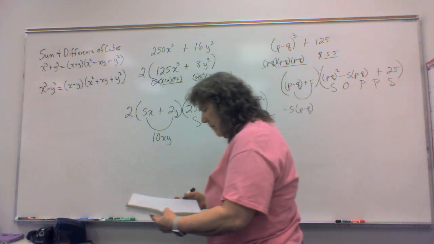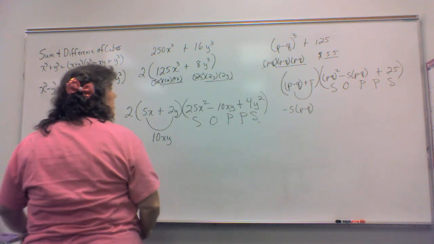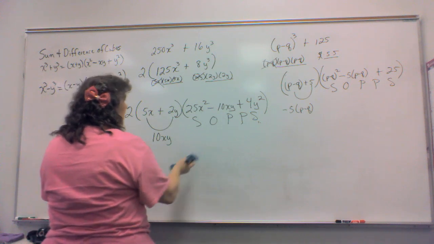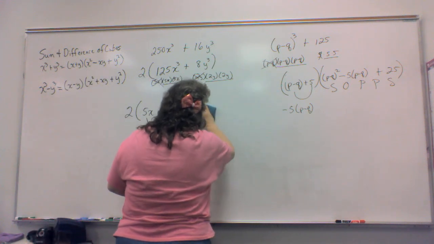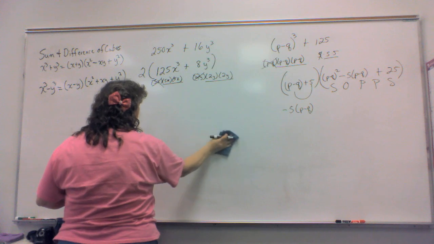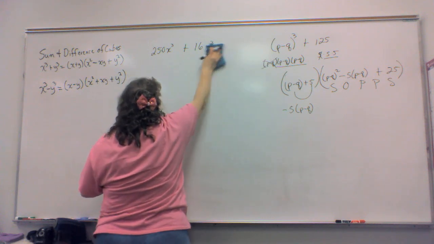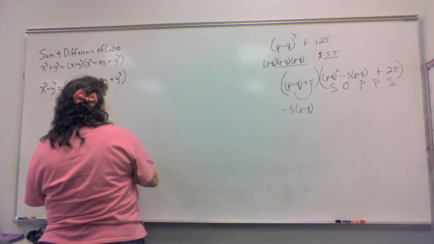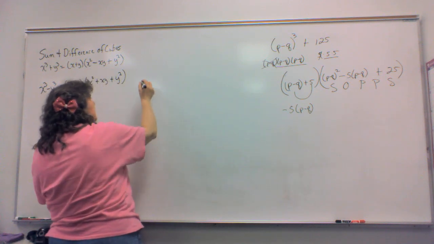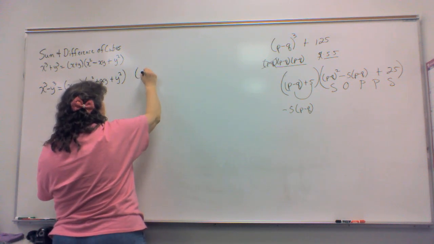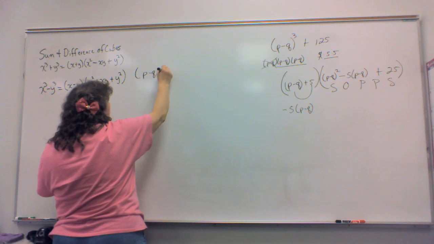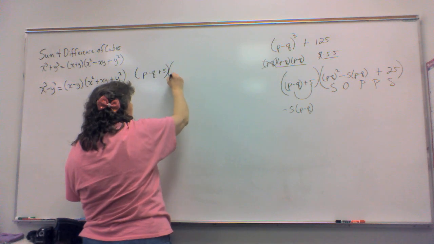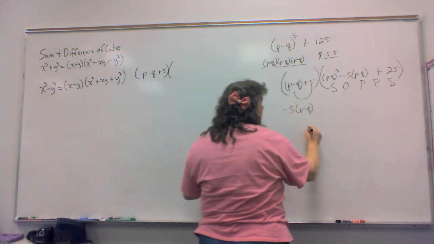Now, this one gets a little more complex, and we're going to need a little more space. So let me erase what we have here so I can write it over here. So, you're going to have P minus Q plus 5. And now this is going to multiply what? Well, P minus Q squared.